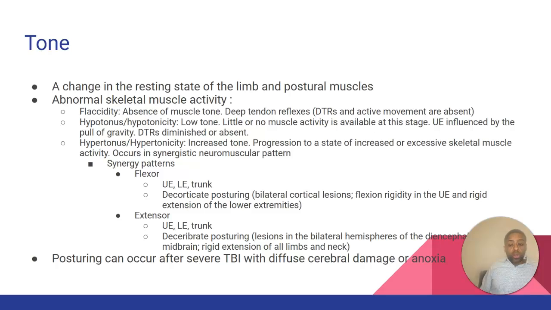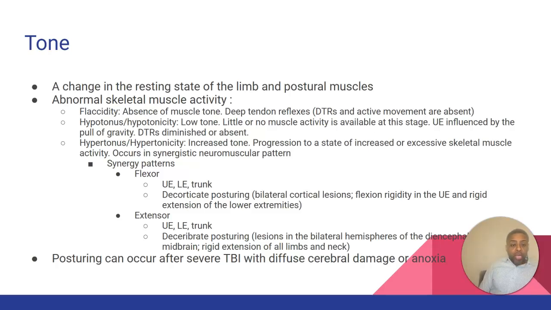Hypotonicity is low tone. There's little or no muscle activity available at that particular stage. Deep tendon reflexes may be diminished or may be absent. Hypertonicity is increased tone, right? Increased activation, not voluntary, of course.